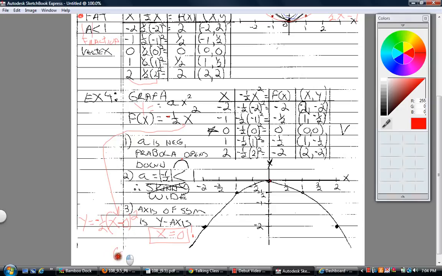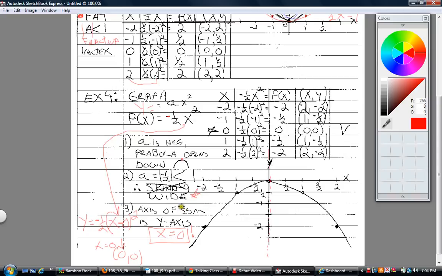The vertex is 0 comma 0, and the line of symmetry always goes through the x ordered pair of the vertex. So x equals 0 is where it goes through, which is the y-axis, like I said. Is it going to be a skinny or a wide graph? Be careful. It's a fraction, so it's going to be wide.